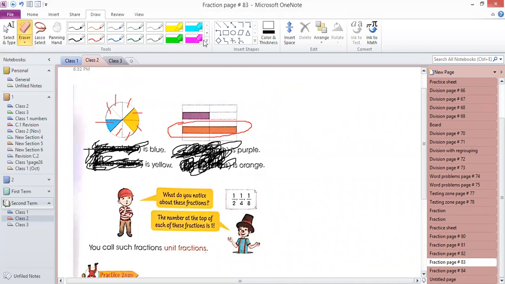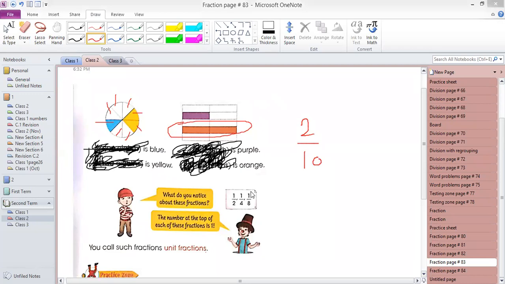I'll take one more student to answer this. Hamza Ahmad Suleiman, tell me the portion of the orange. The fraction. 2 out of 10. Very good.